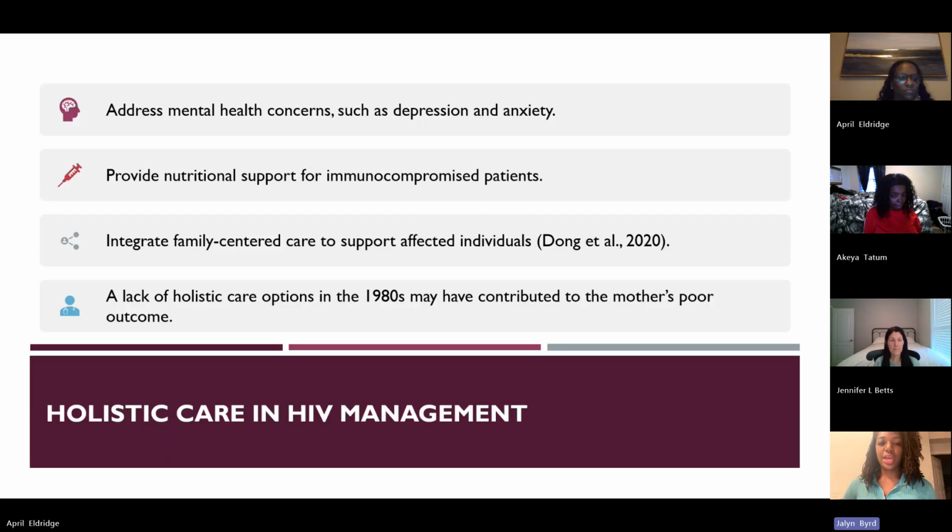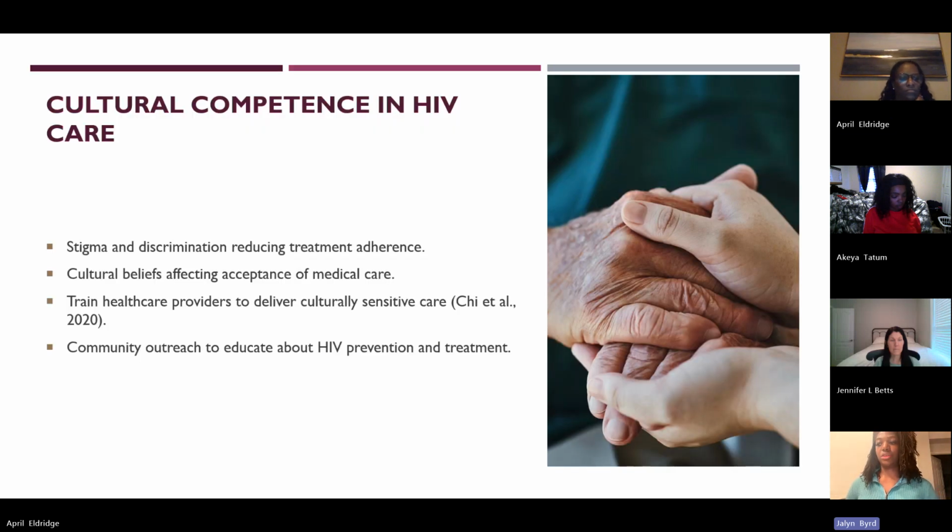As future healthcare providers, we must understand the uniqueness of each individual affected by HIV and AIDS, and also the challenges that they may face. This will help improve their health, and also builds trust and encourages engagement. So that way we can educate them about their disease.